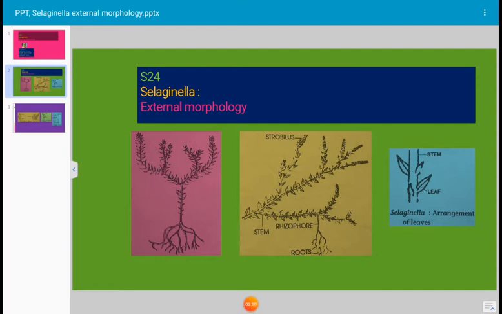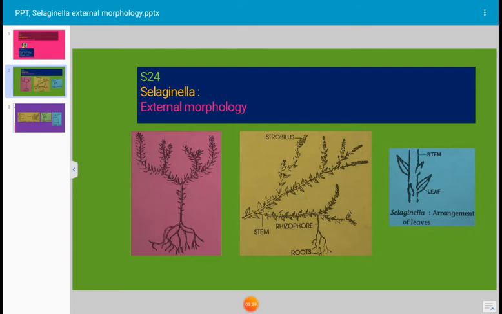Let us see details about the leaves of Selaginella. The leaves are very small in size, simple, hence they are called microphyllous leaves. The shape of the leaf varies from lanceolate, lens-shaped, to ovate, or rarely linear, elongated.